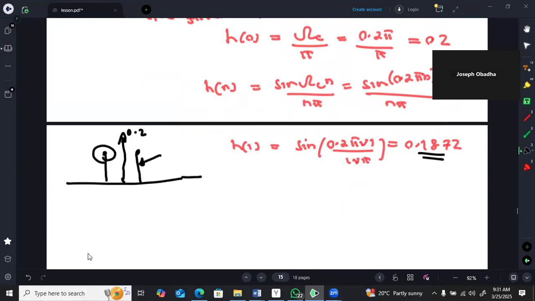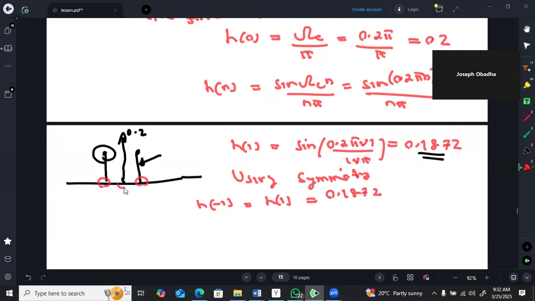Using symmetry, h minus 1 equal to h1 is equal to 0.1872. This one is equal to this one. So we have the coefficients.